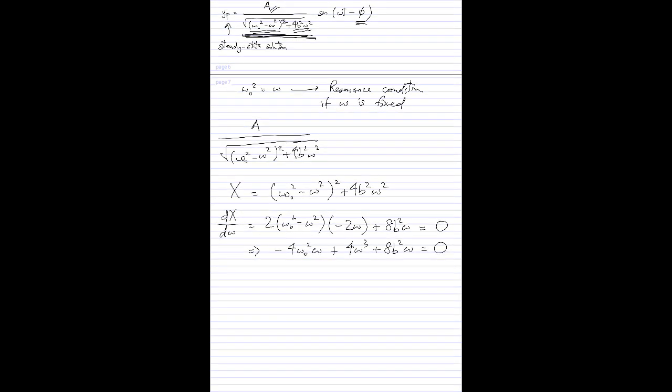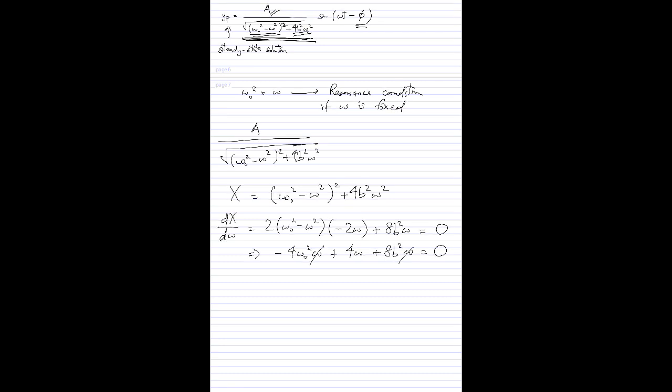This implies minus 4 omega naught square omega, plus 4 omega cube, plus 8 b square omega is equal to 0. That's what I am getting.